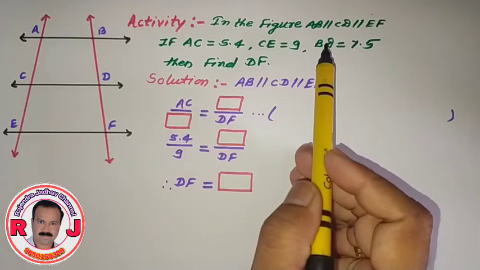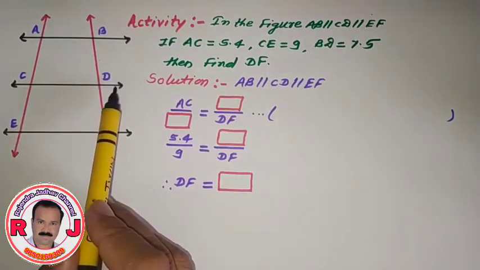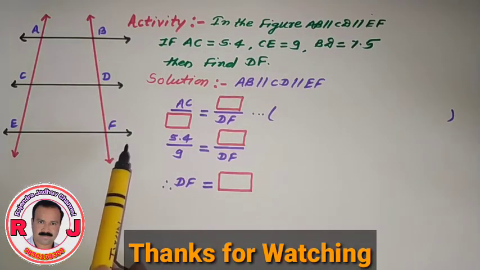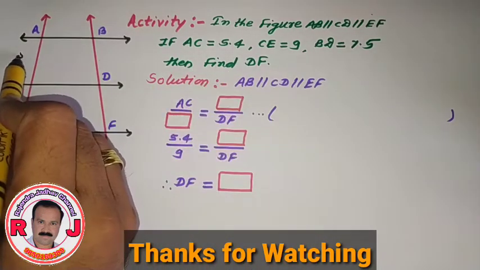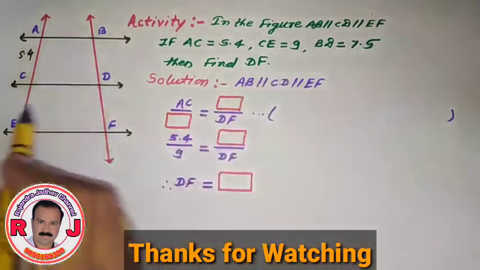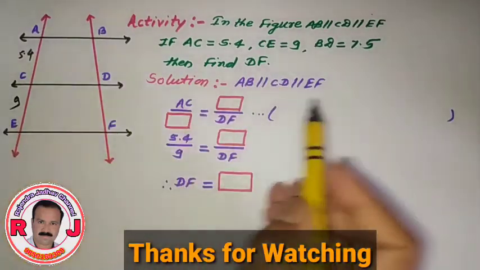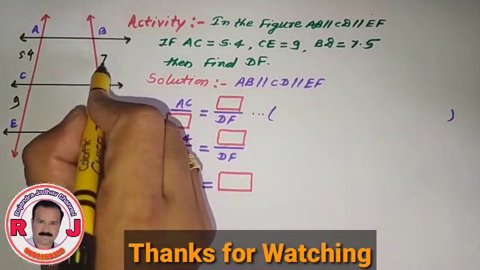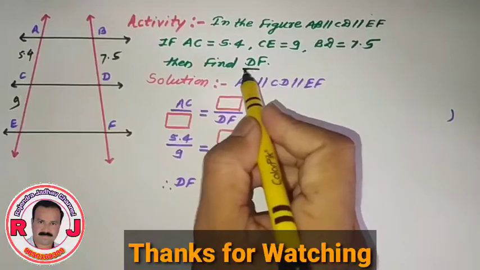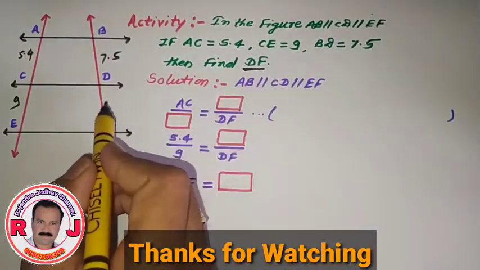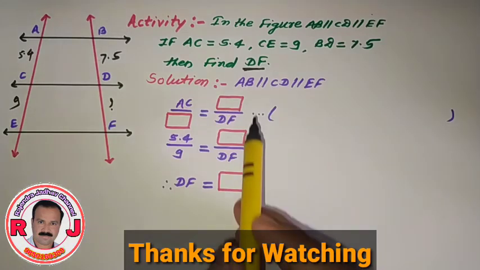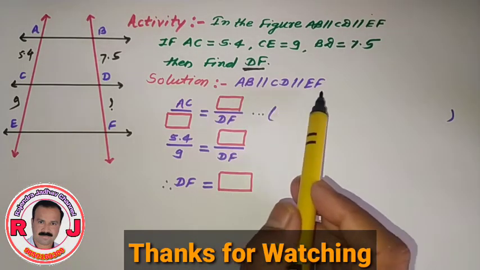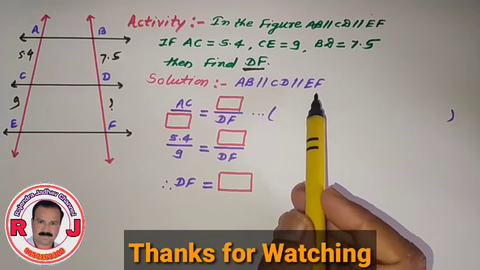In the figure, AB is parallel to CD and CD is parallel to EF. If AC is equal to 5.4, CE is 9, BD is 7.5, then find the value of DF. Solution: here, AB is parallel to CD and CD is parallel to EF.